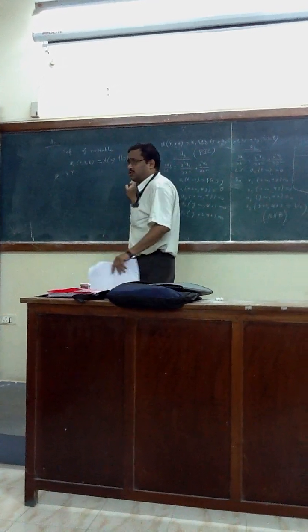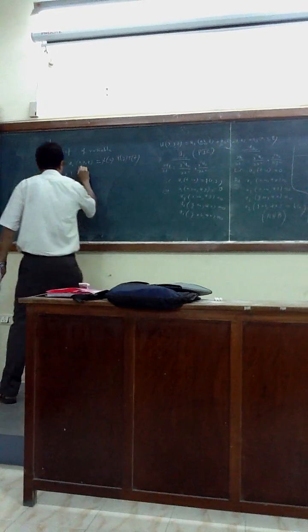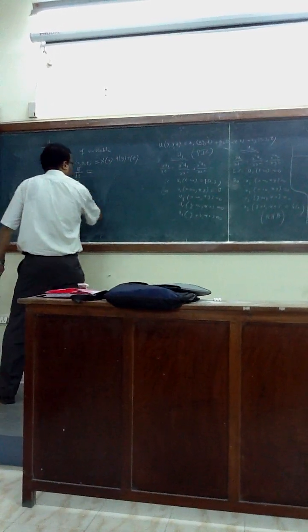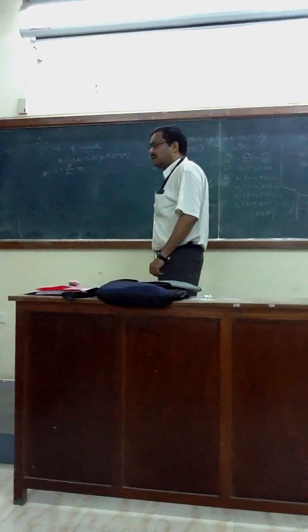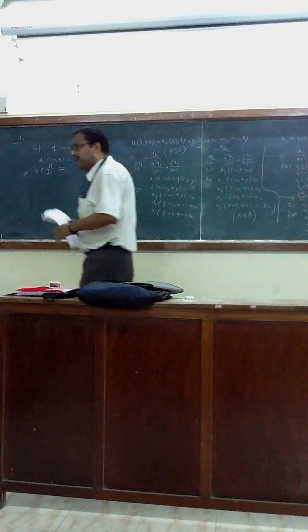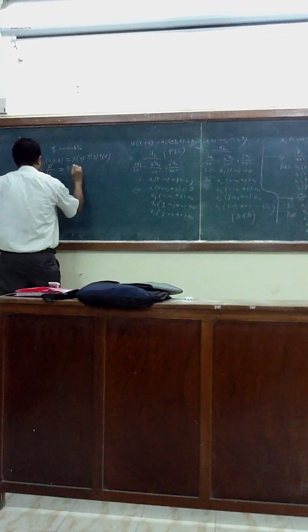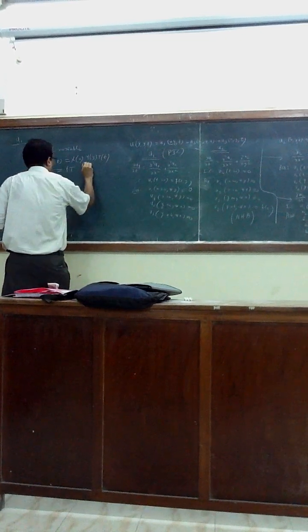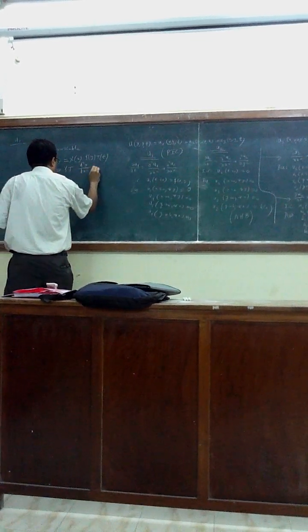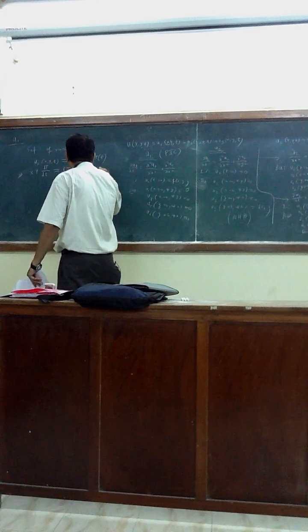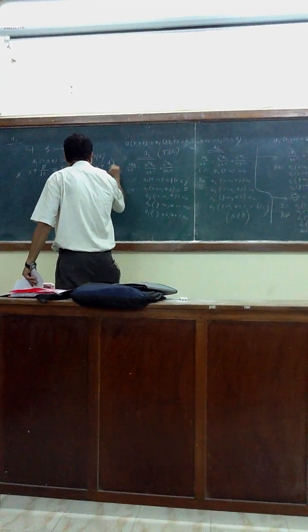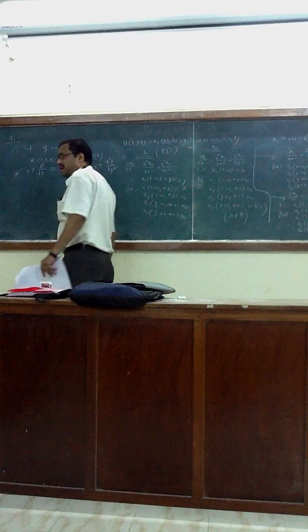Since I separate out, there is no partial. It is dT by dt equals Y into T, yes, you are right. Then d square capital X by dx square, you are right, plus X into T d2Y by dy square.